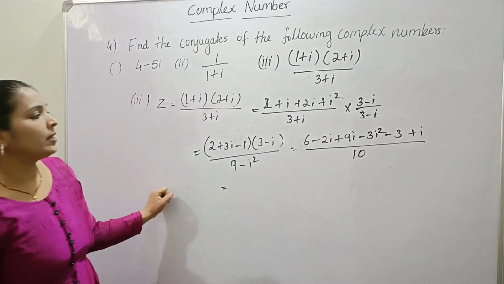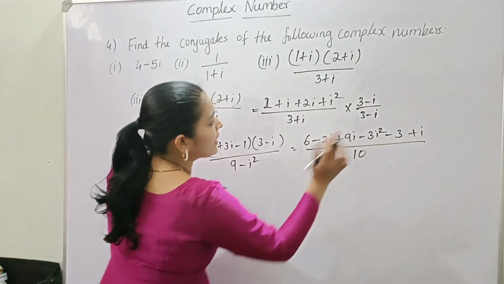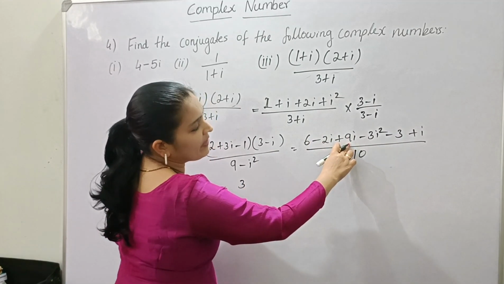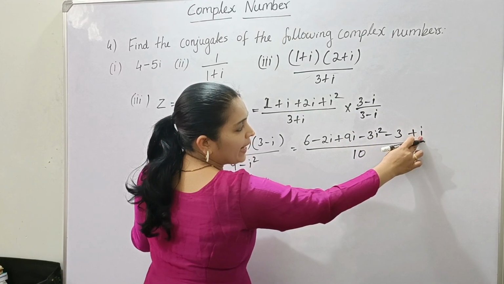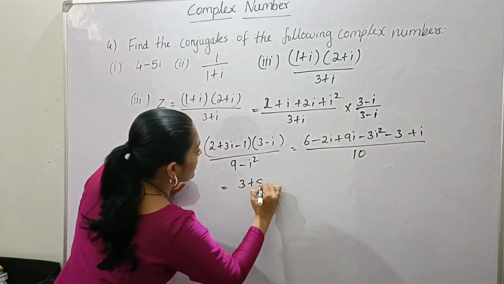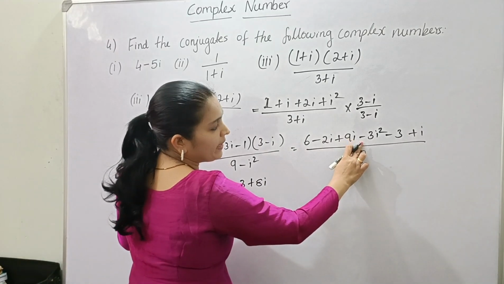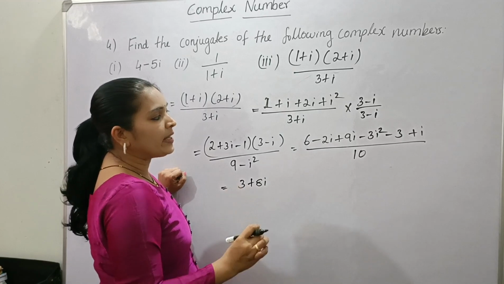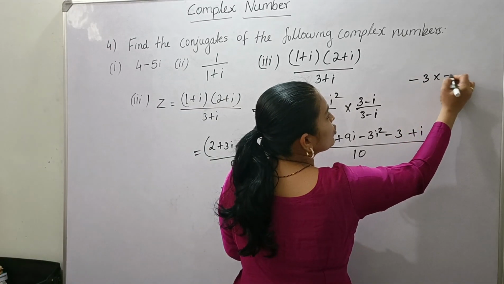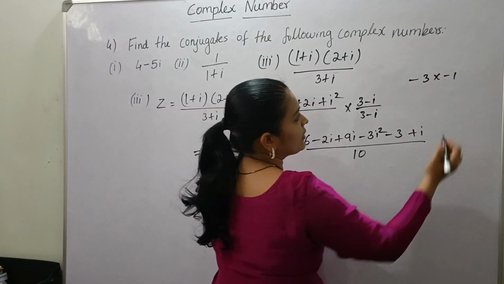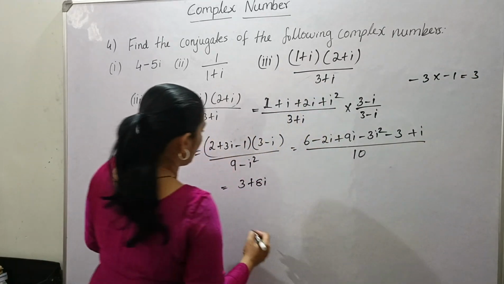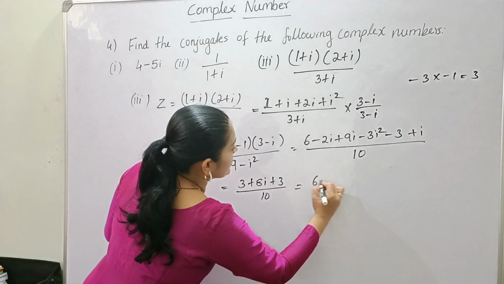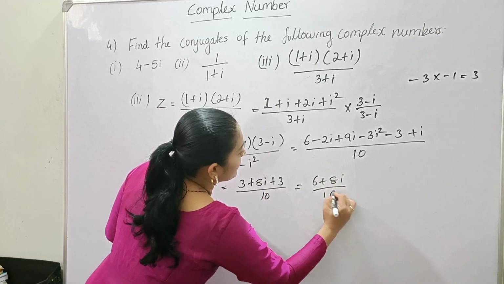That is equal to, here 6 minus 3, 3, minus 2i plus 9i, 7i, 7i plus i, 8i, here minus 3i square, i square is minus 1, so minus 3 into minus 1, that is plus 3. So it is plus 3 divided by 10. That is 6 plus 8i divided by 10.